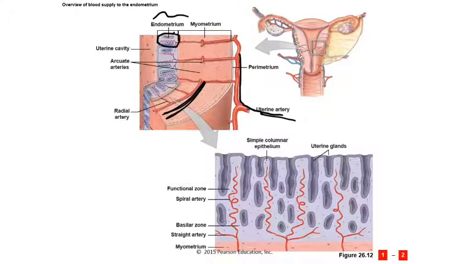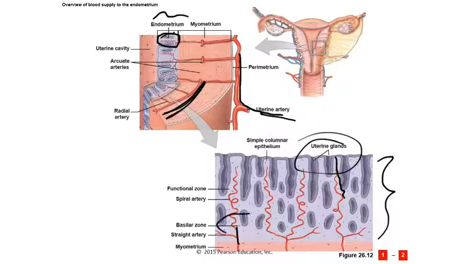These are the spiral arteries, and they will be sloughed off as part of the menstrual cycle. So these little spiral arteries going up, and they're along the uterine glands. This is all endometrium in the pinkish area. So you can see the straight arteries coming straight up, and then you can see this little basilar zone and these spiral arteries.